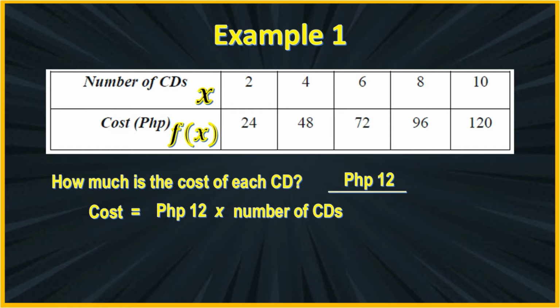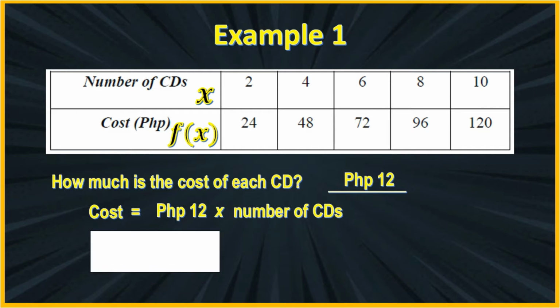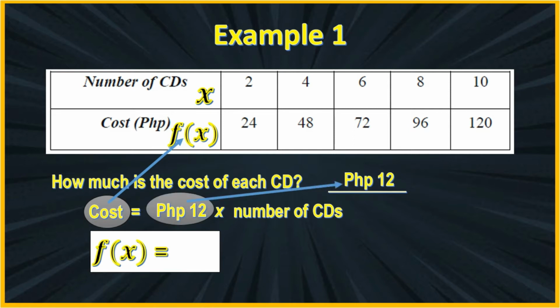So if you are to write this in functional notation, this will become cost, that is f of x, equals 12 pesos. We have here 12 and the number of CDs that is represented as x. So our final functional notation is f of x is equal to 12x.